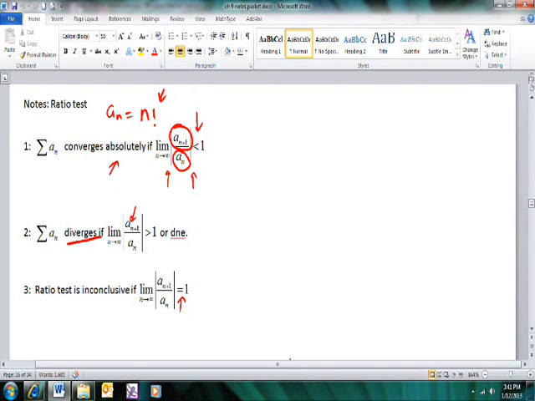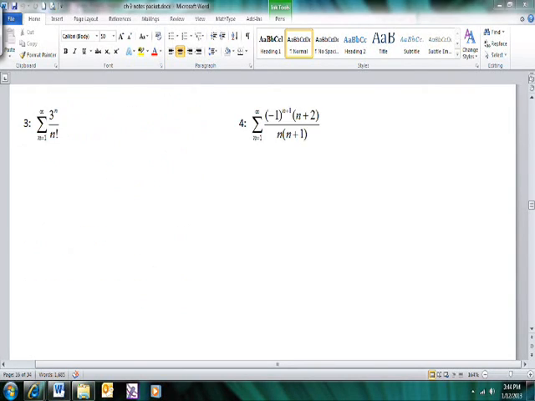So let's see what this looks like in an example. So we take the limit of the ratio of the next term over the original term. Well, the next term would just be 3 to the n plus 1 divided by n plus 1 factorial. So if we were to divide this by the original, well, when you divide by a fraction, it's the same as multiplying by the reciprocal.